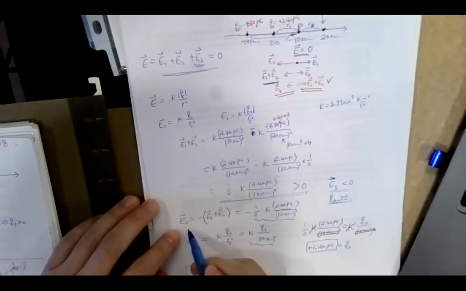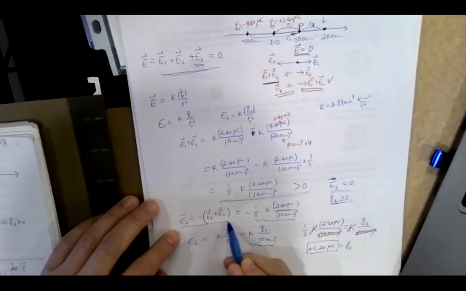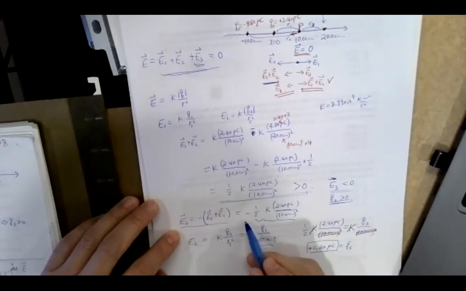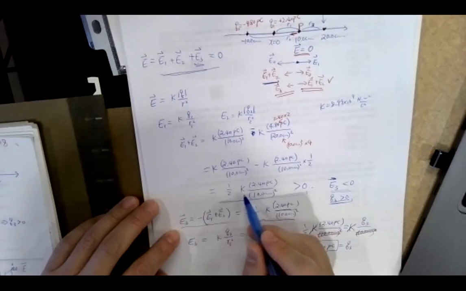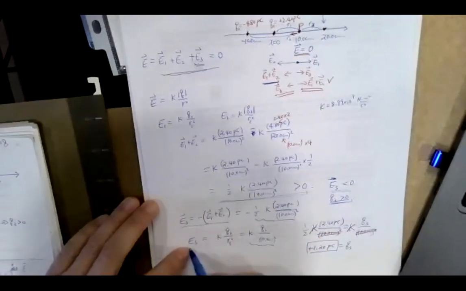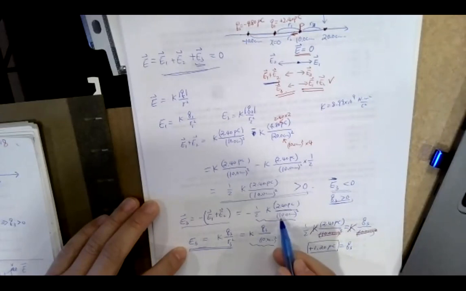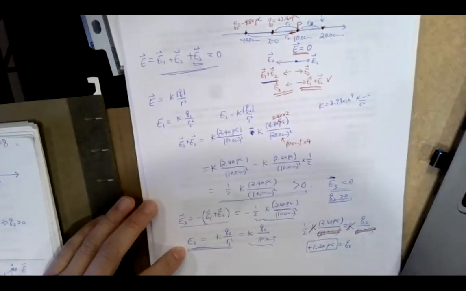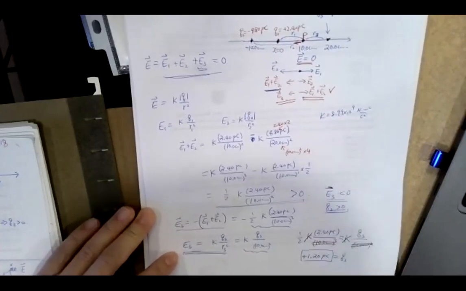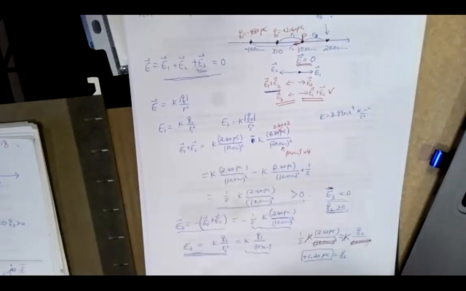So then E3 is equal to minus of E1 plus E2. Also, E3 can be given by the electric field for point charge, K Q3 over R3 squared, and then you can set the two equal to each other to solve for your Q3. Okay, so that's your whole solution there.